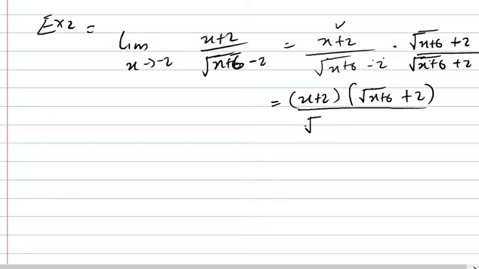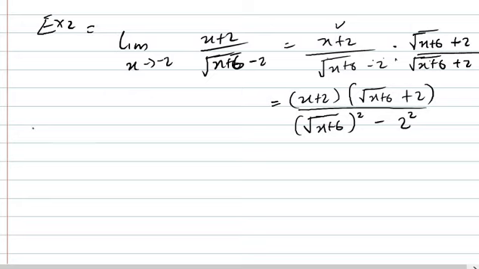We can say root of x plus 6, all squared, minus 2 squared. If you like, you can open the brackets and multiply by using expansion.